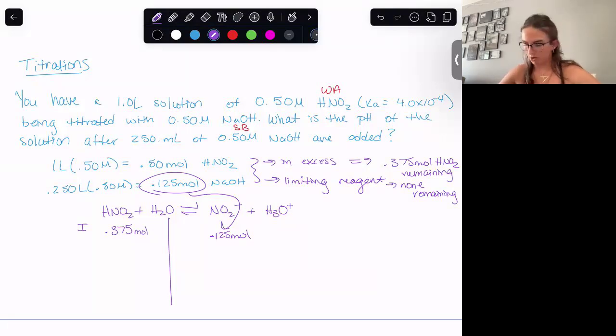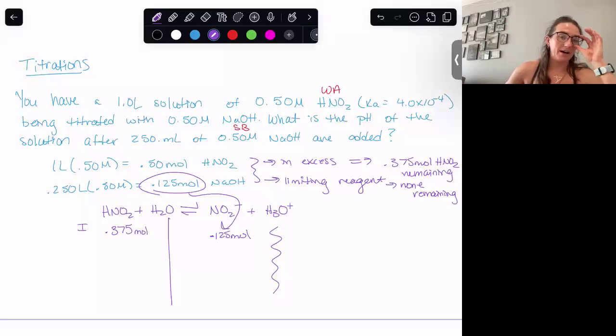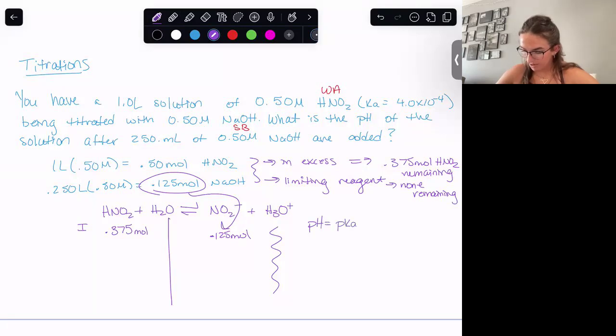And we only are forming water, so we actually don't care about our H3O plus when we are talking about our buffer situation. So we don't need to worry about that one, especially because we're using the Henderson-Hasselbalch equation. H3O plus doesn't come up. So we'll take pH is equal to pKa plus the log of base over acid.